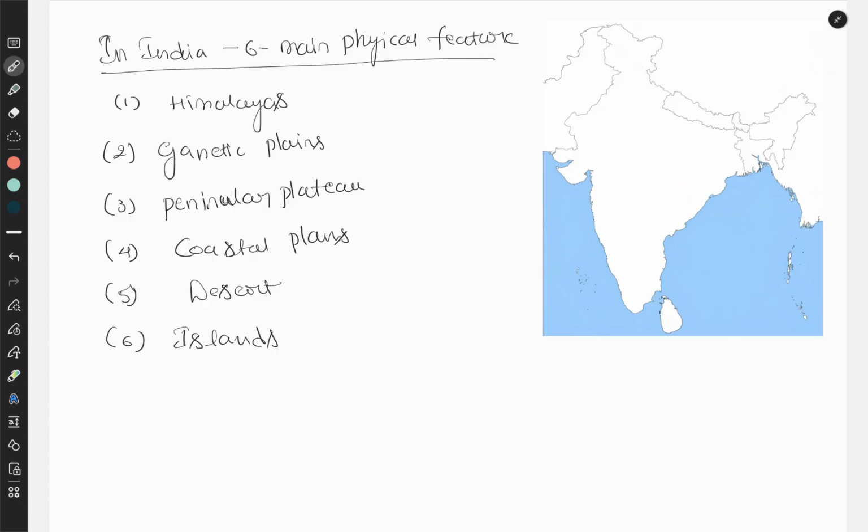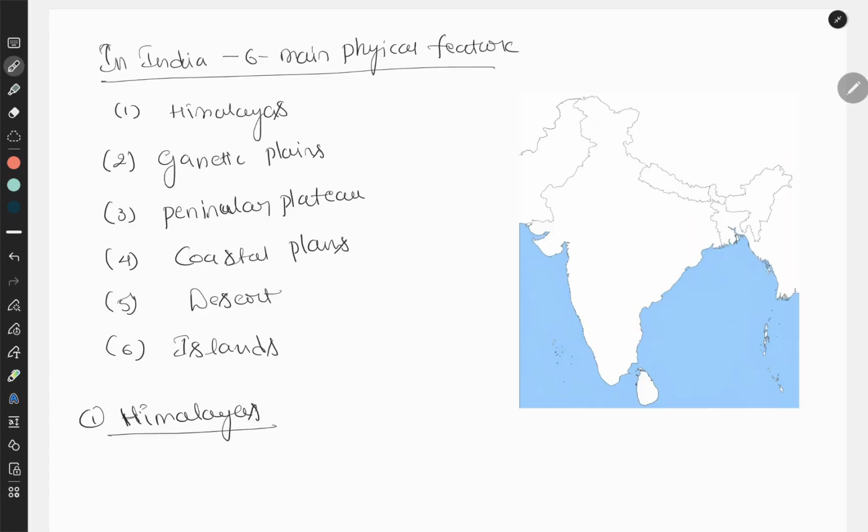First one is the Himalayas. Once again I will brief you on this. In India, there are six main physical features. The first one is the Himalayas, on the northern part of India. Then the Gangetic plains, which we call the Indo-Gangetic plains.